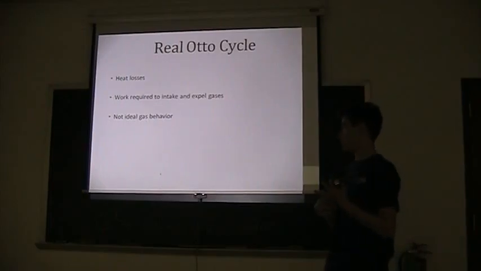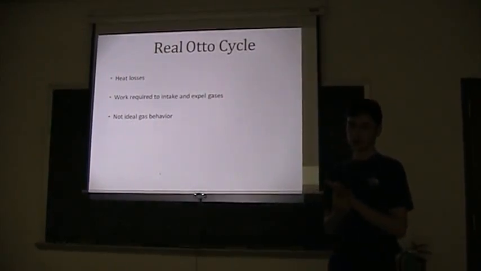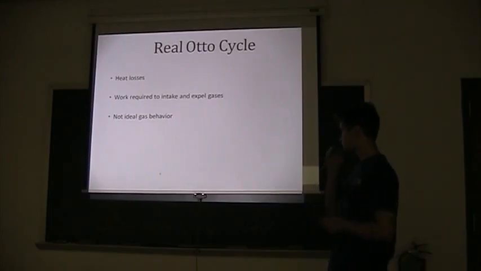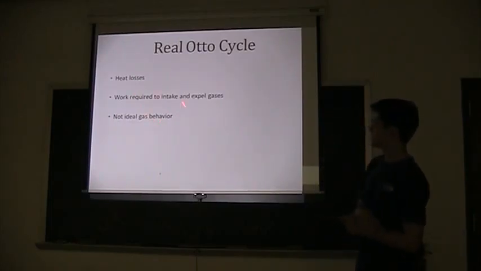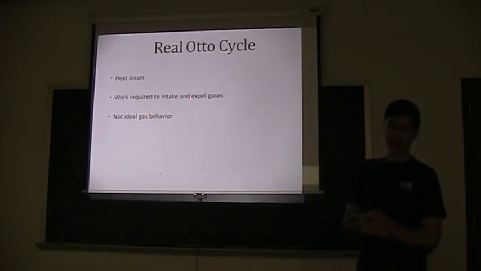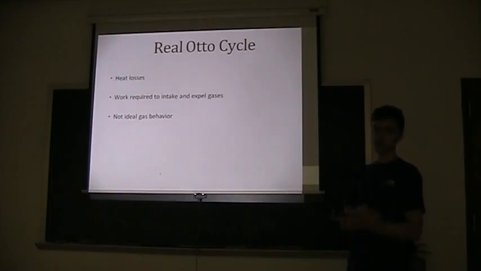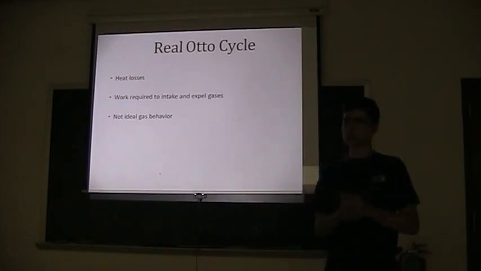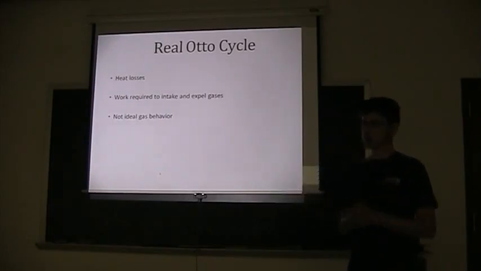Heat losses are the number one contributing factor to the lack of useful power to be formed in this process. Also, there's work required to intake and expel the gases, and this is not true ideal gas behavior, especially when you have explosions. It's not going to behave ideally. All of these things contribute to less efficiency and non-ideal behavior.